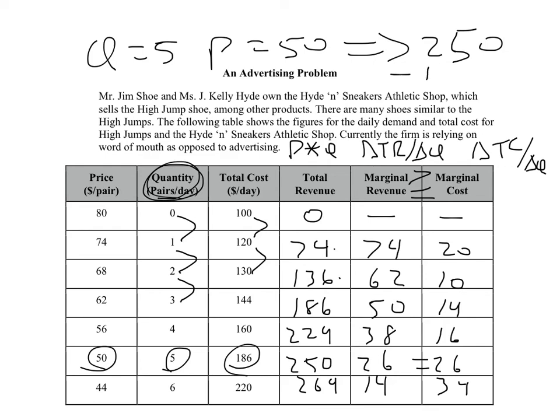So we subtract our costs from revenue. And this is getting a little cramped here, but you can see 250 minus 186 is $64. $64 profit. And so by selling 5 units at $50 per unit, the firm earns a profit of $64.